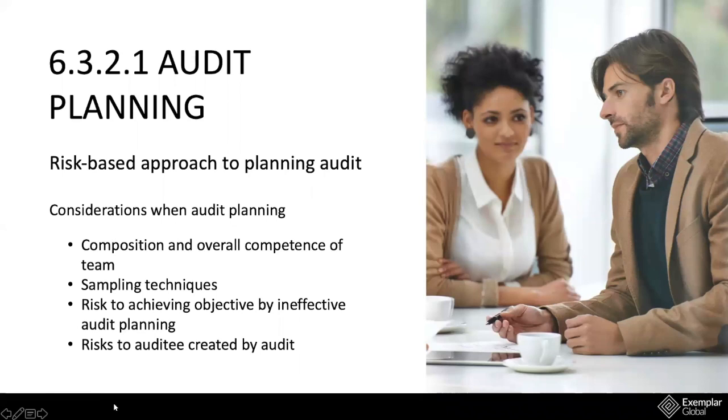Okay, so now we get into the audit planning. We get into some of that risk-based approach to the audit planning and some of the things that you have to consider. Competence of the team: you want to have, for example, the person who is strongest on chemistry.